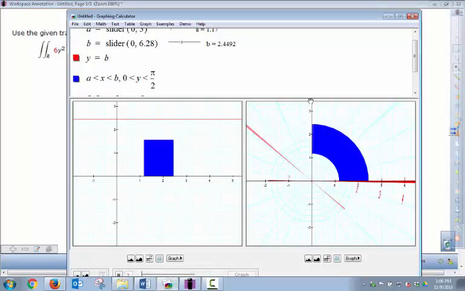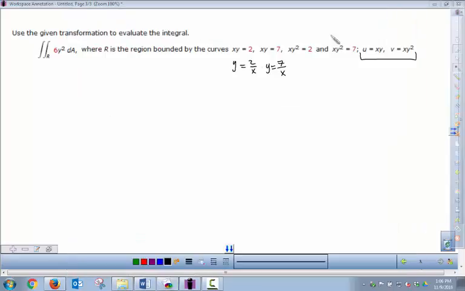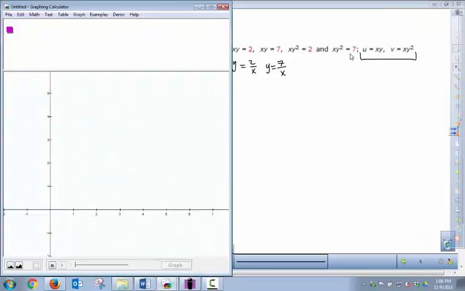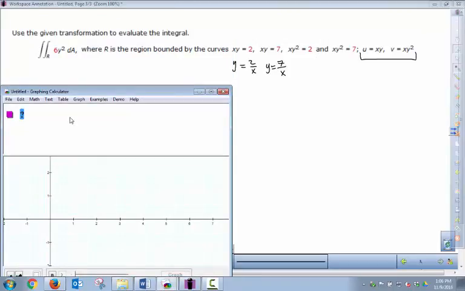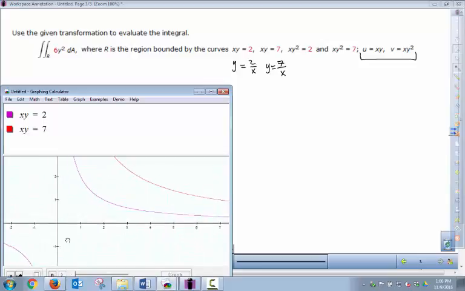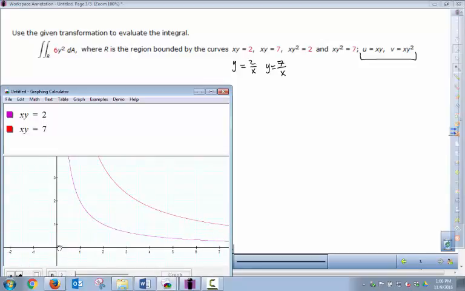Let's see if I can graph it. So I have xy equals 2, xy equals 7. They look like that so far.